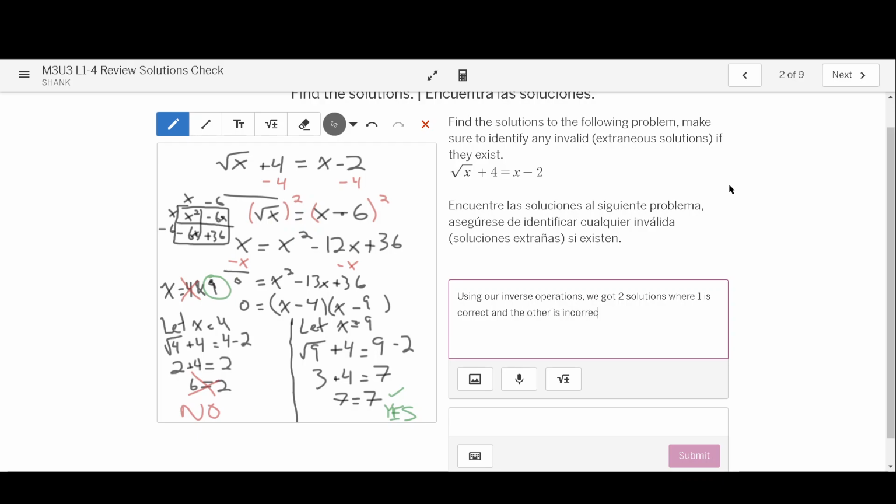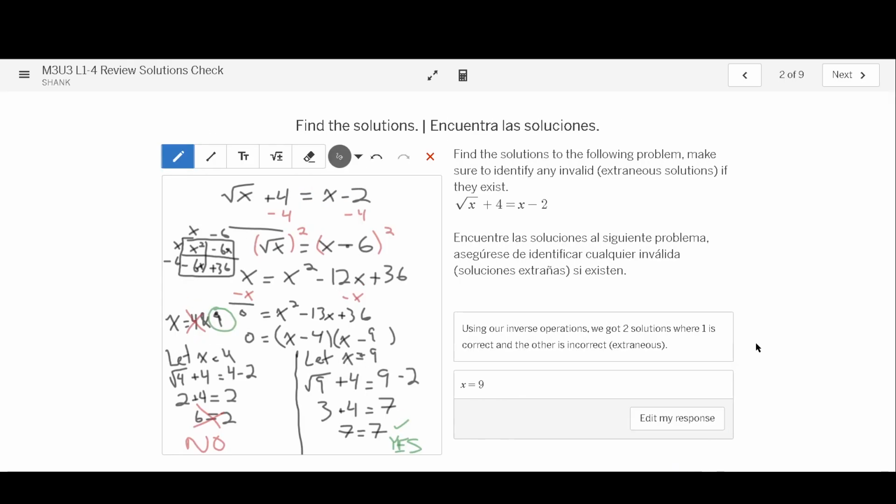And when I say incorrect, I'm talking about it's extraneous, meaning it's an extra answer that does not work out when we check it out. And so in here we say x equals, what was that, positive 9. Sorry, positive 9.